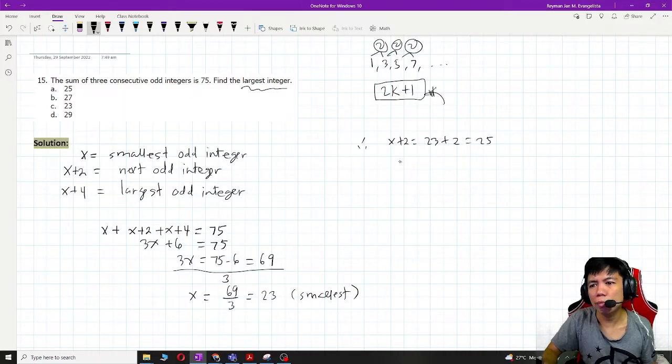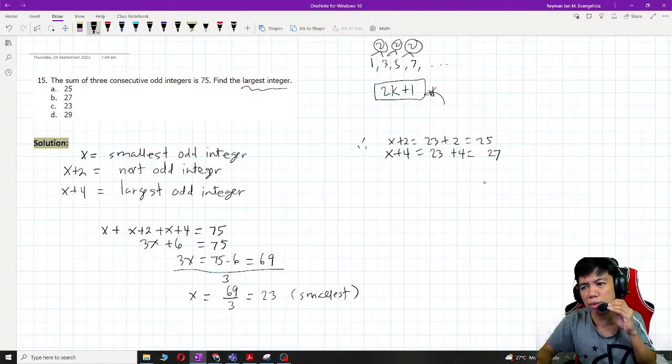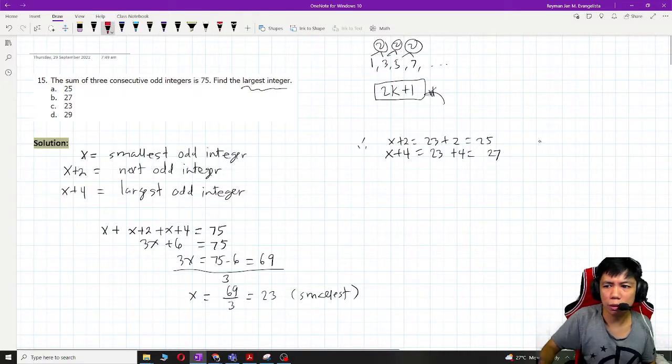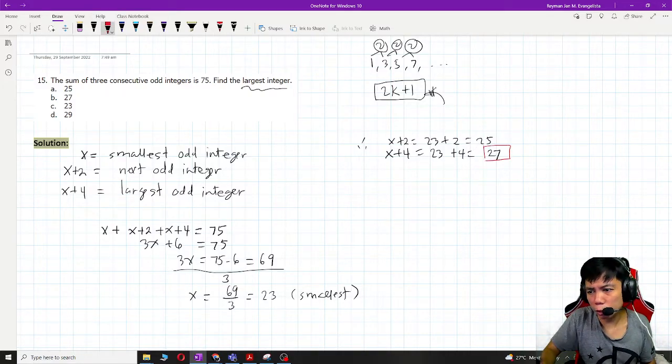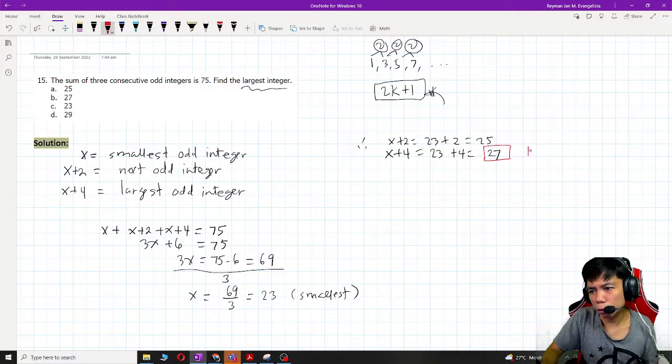And the largest is x plus 4, which is 23 plus 4. So 27. So our required is the largest integer. Therefore the answer is 27. So that must be letter B.